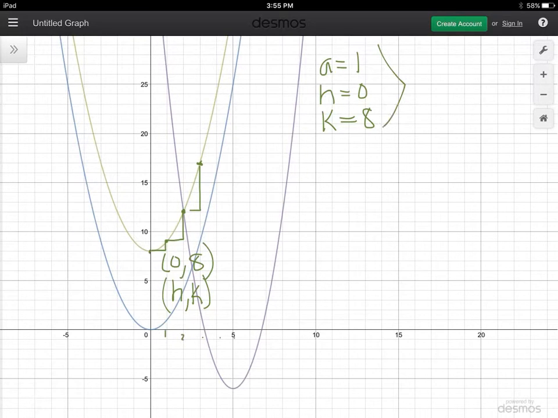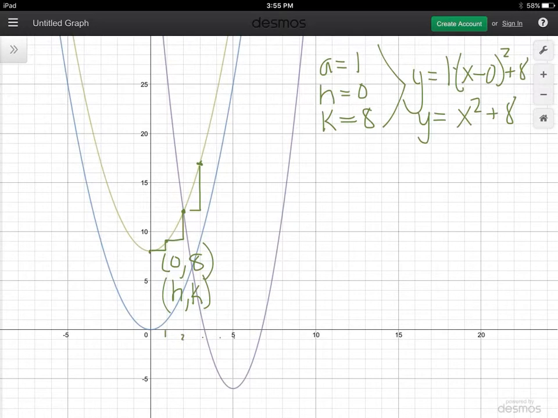So from this, my formula is y equals, we're not going to write the 1, well, let's just do it, 1(x minus 0) squared plus 8. Now, that can be simplified, so we have y equals x squared plus 8. Again, if you look at your reference sheet, it has moved up 8 from the positive 8.